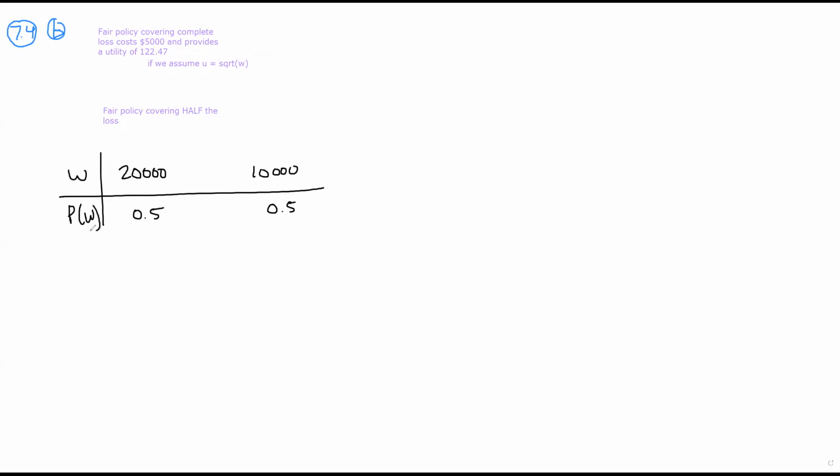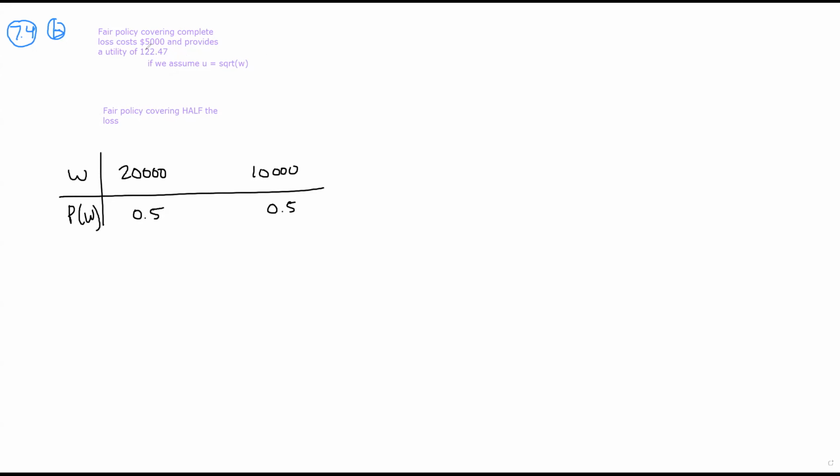All right, let's do a fair policy covering half the loss. Remember, there were $20,000 and $10,000, and then 0.5 and 0.5, and then wealth, and then probability of wealth.